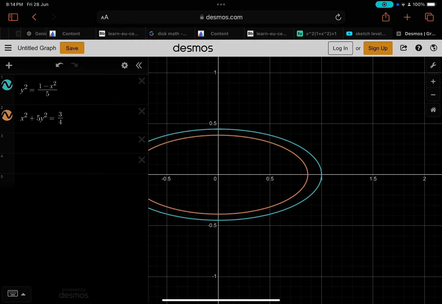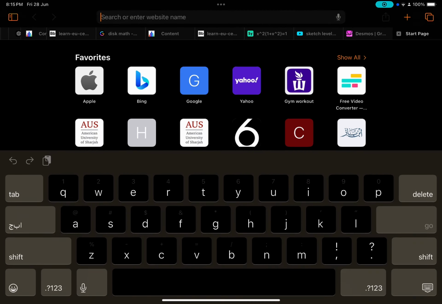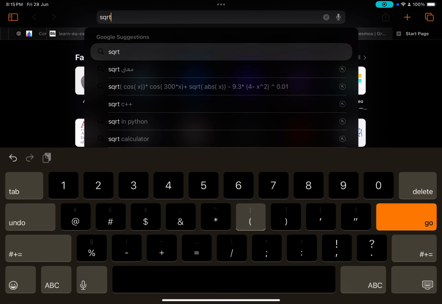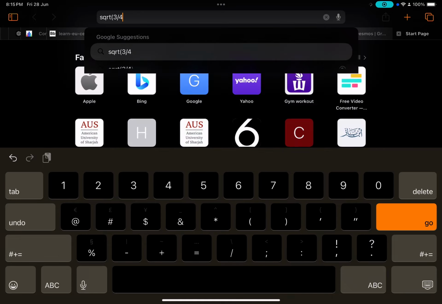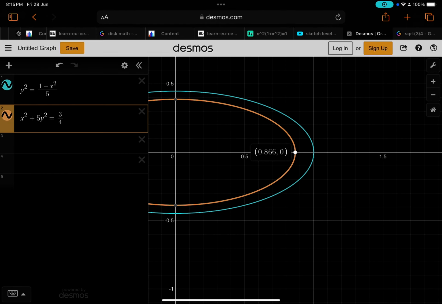For our first example, when the radius was 1, the intersection was 1. Here the intersection is at the square root of 3 over 4, so the radius is the square root of 3 over 4. If we go to a calculator, the square root of 3 over 4 gives us 0.866, which is basically this value.